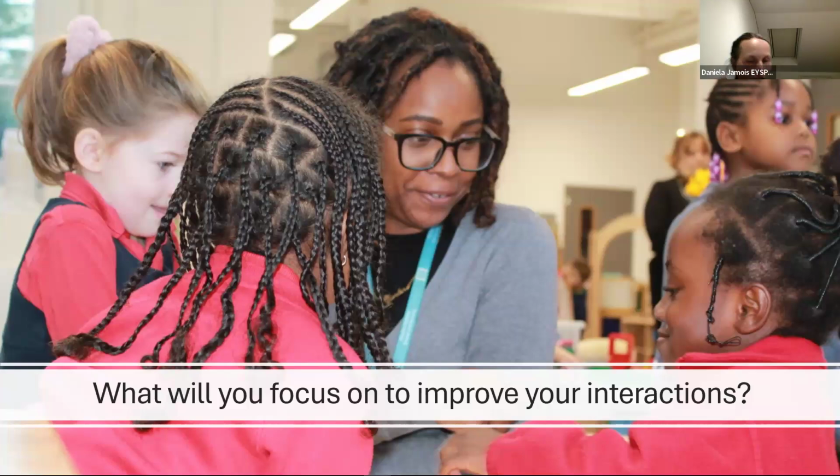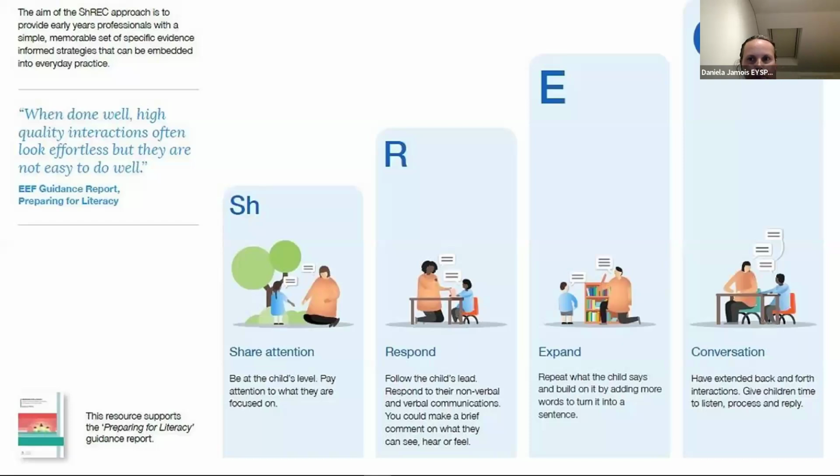of your communication. So if I go back to the one we just saw, could you pop in the chat or come off mute and let us know, and just write in or say what you feel you've got enough information about now and you feel inspired to have a go at. It might be focusing a bit more on how we share attention.